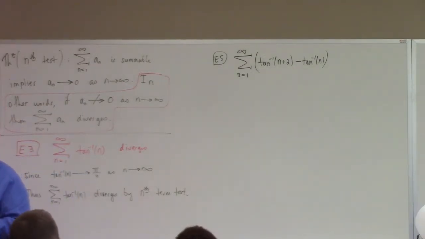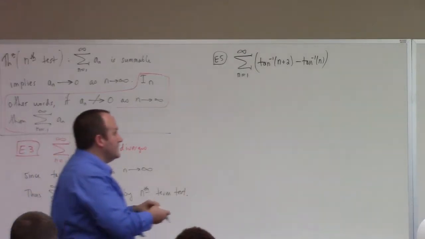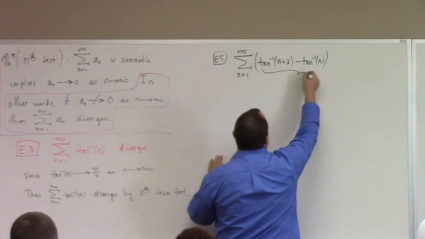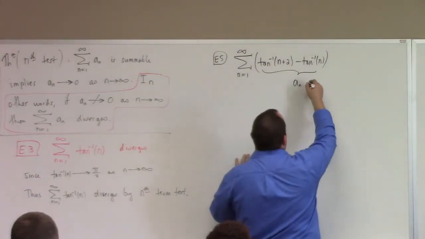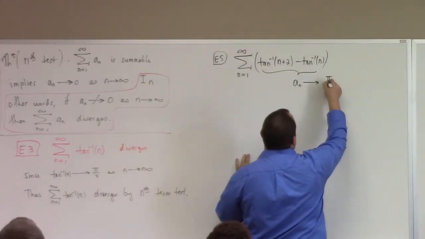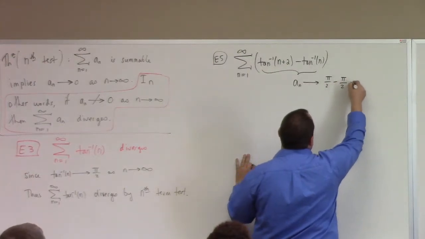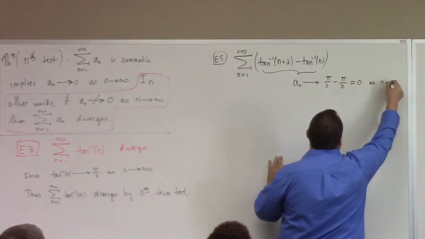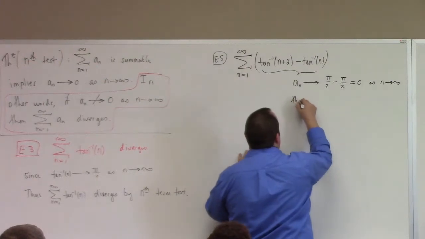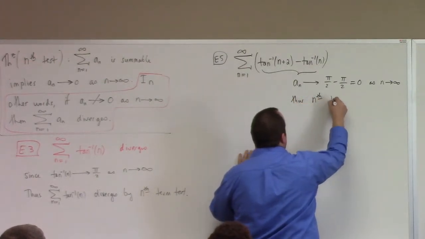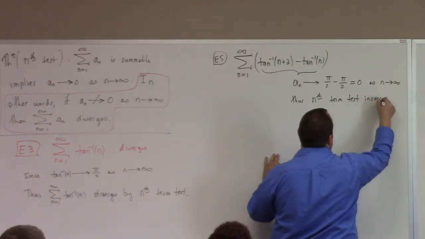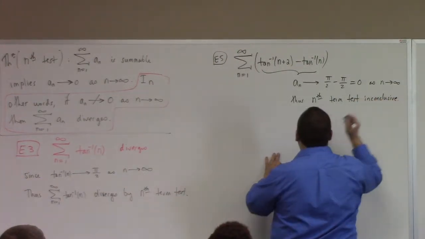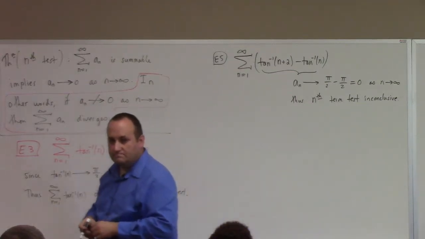That would be careless, because the nth term is not just inverse tangent. The nth term is this whole thing, and this goes to pi over 2 minus pi over 2, which is equal to 0, as n goes to infinity. Thus the nth term test is inconclusive. It gives you no information.